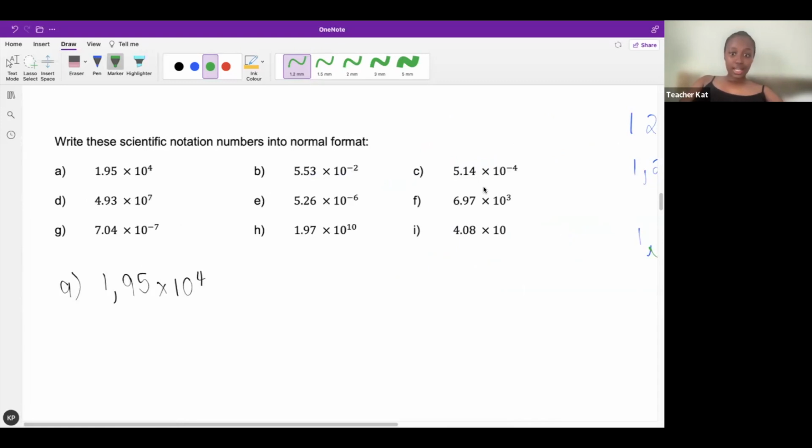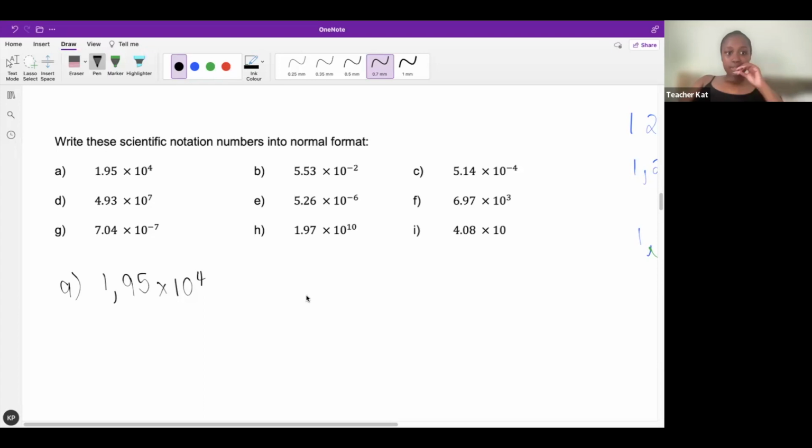Now we have a positive exponent. So am I going to move to the left or to the right? We're doing opposites now. For number 1, to the right.